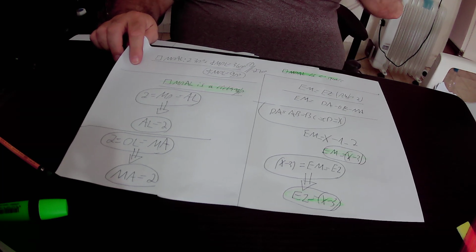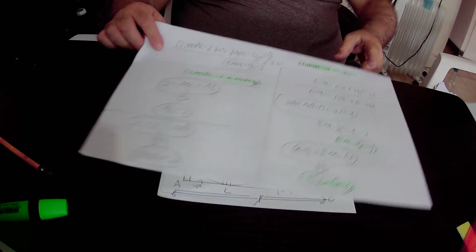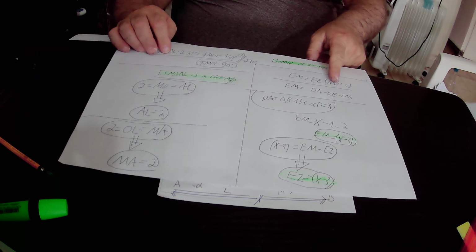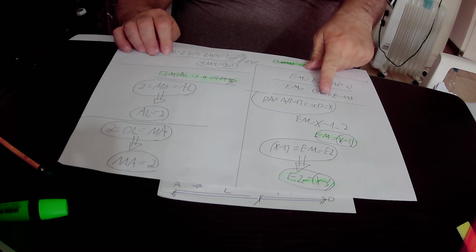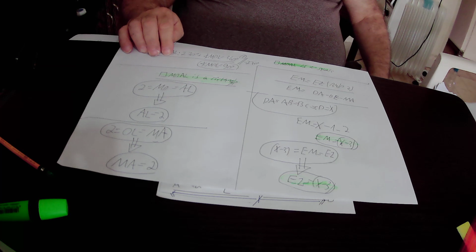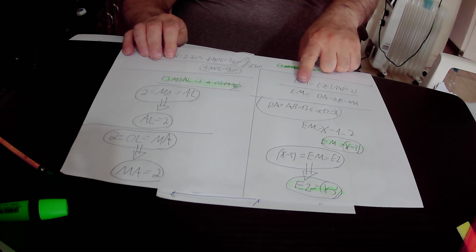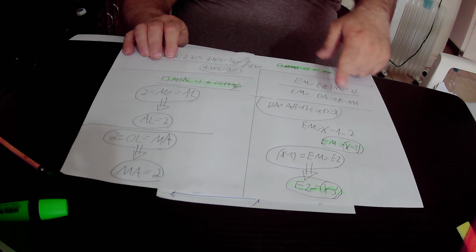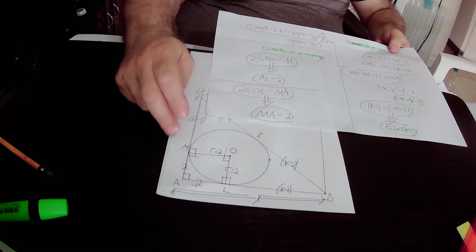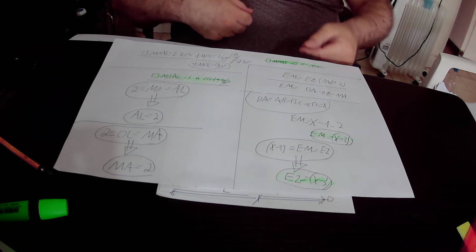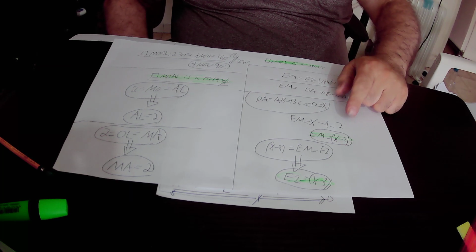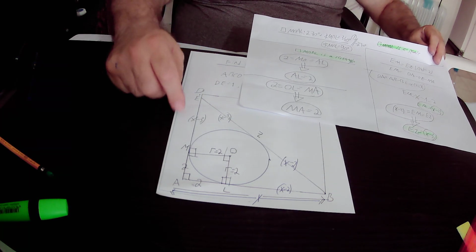And we defined the side length of square ABCD as X. So DA equals AB equals BC equals CD equals X. And then the length of tangent EM will be equal to AD, that is X, minus DE, that is 1 according to what is given in the question, minus AM, that is 2 units according to what we have already found out. So EM equals X minus 1 minus 2, that is to say EM equals X minus 3. So we found out that EM equals X minus 3.